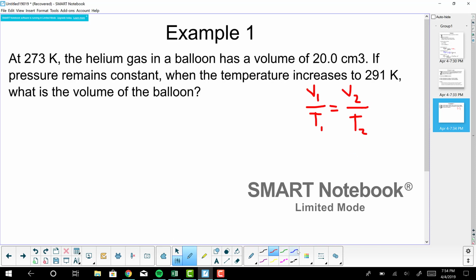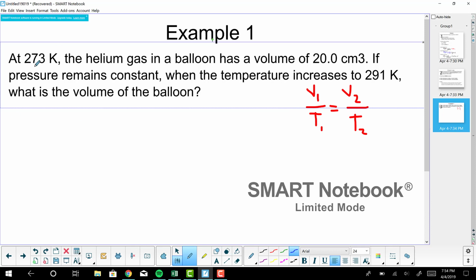Now the first step, remember, to solving these word problems is pulling out the given information. So I am going to go ahead and underline this given information. It says 273 Kelvin, and that's going to be our T1. Do we have to worry about converting it? No, because it's already in Kelvin.